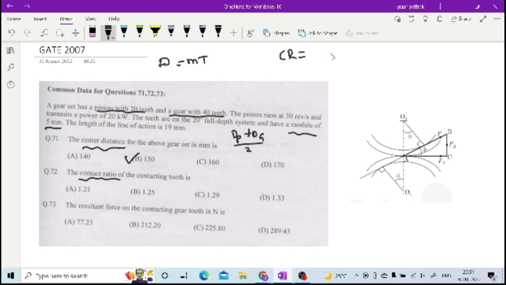It is not that one. Actually, I am telling you the contact ratio. Contact ratio is what? Then calculate. Arc of contact divided by circular pitch.